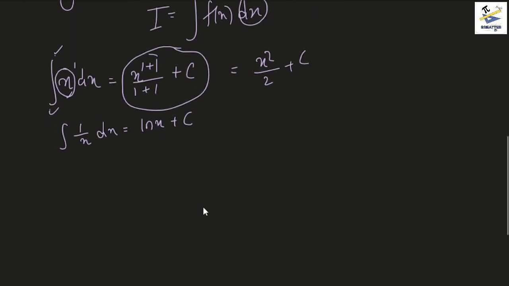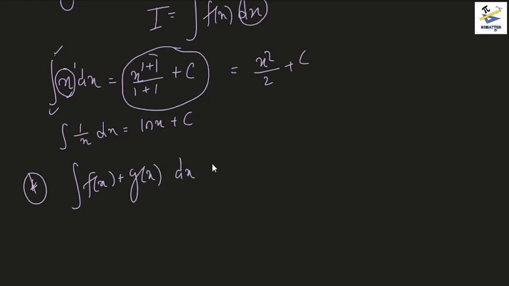Okay, so we do know about these basic integrations, and let me now iterate some of the facts. Integration of f of x plus g of x dx. When there are two functions added, we can obviously write them as integration of f x dx plus, it's actually plus minus, even for minus it works, integration of g of x dx.